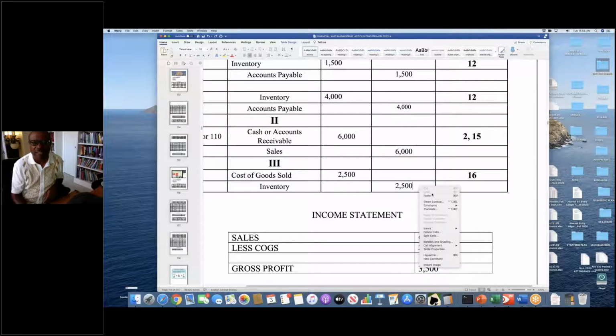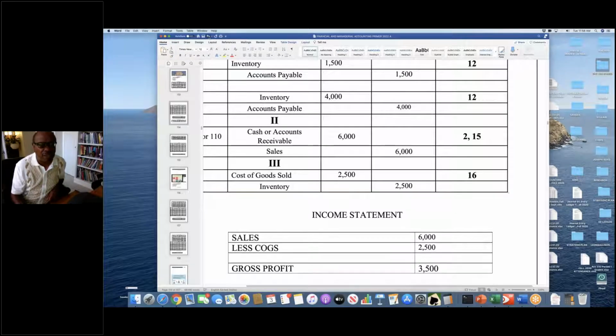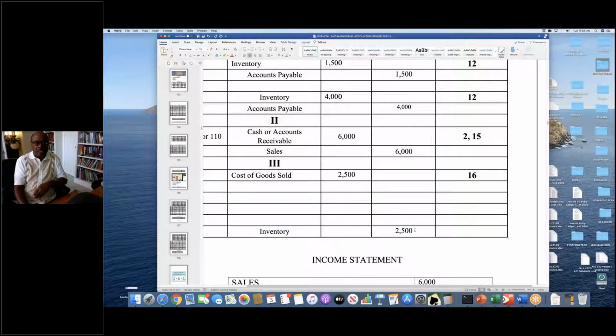It doesn't want to do that for some reason. Undo. All right, so let me go here. Bring this up. All right, Zahid and Cameron, make your entries.